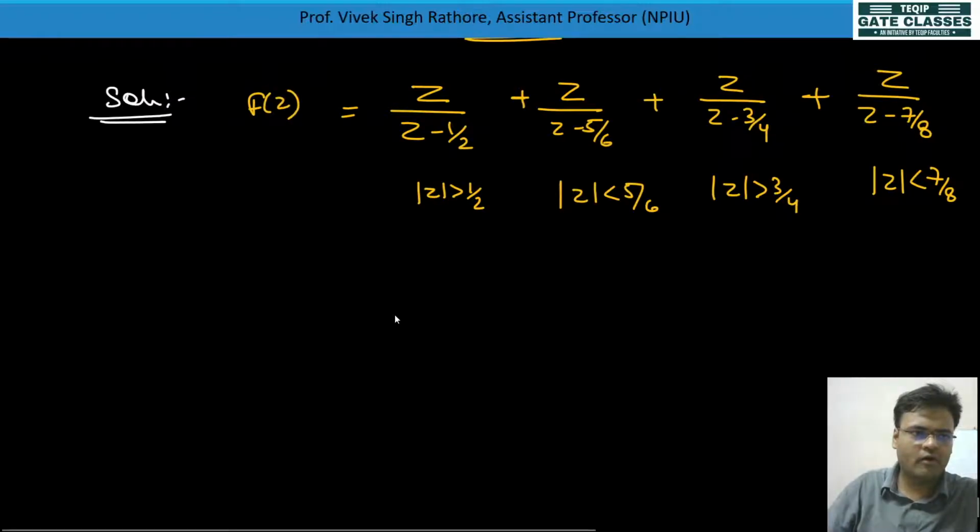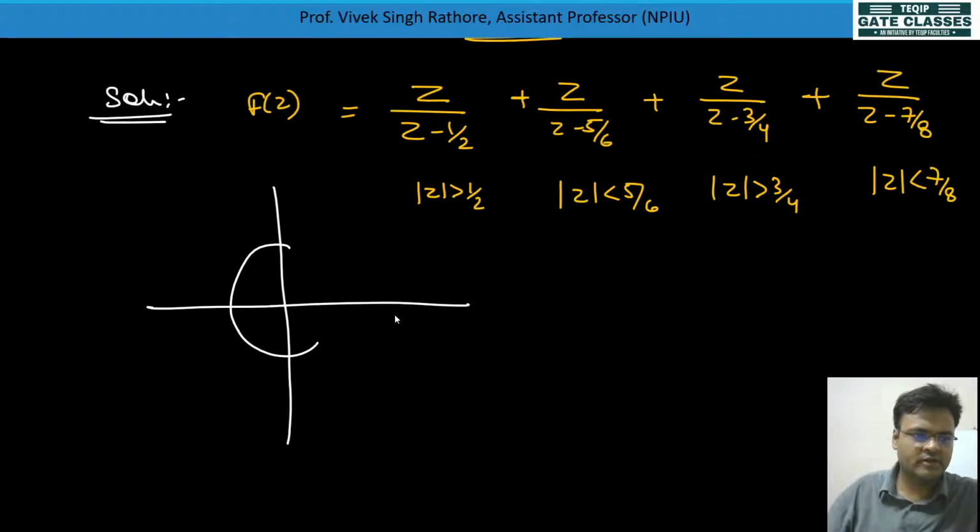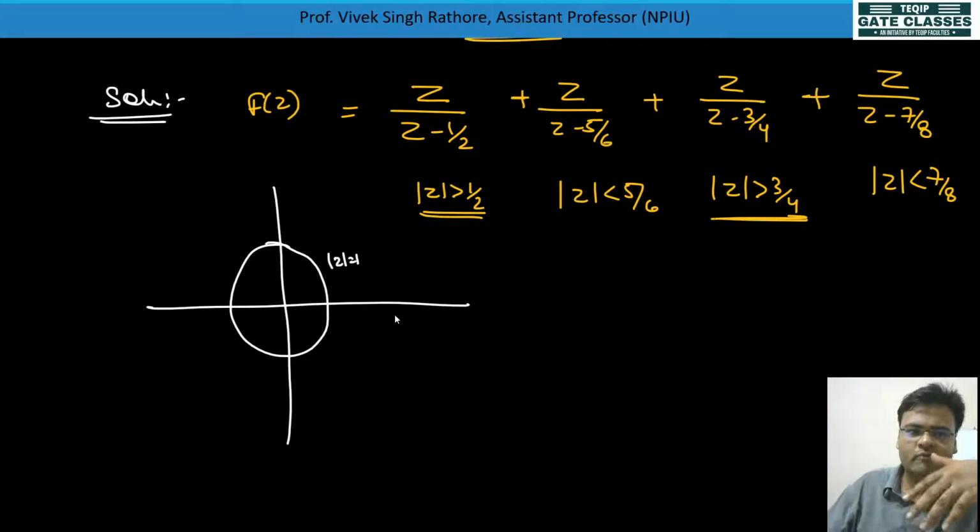Now we will draw the final ROC. The unit circle will be there, this is mod z equal to 1. Now, when two right sided signals are there, I told you the ROC will be outward from the greatest pole, so 3 by 4. Let's suppose this is z equal to 3 by 4.